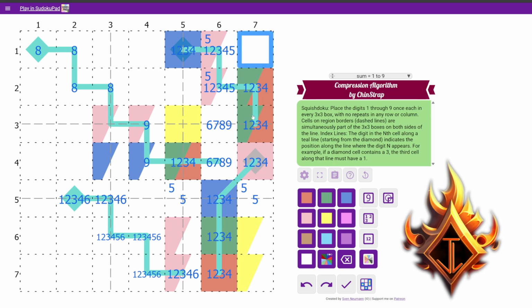Or wait. Why can't I do this? I could go there. But it does not have to. It could be the center one. What is this center one?